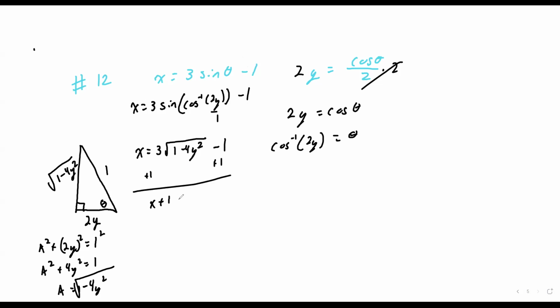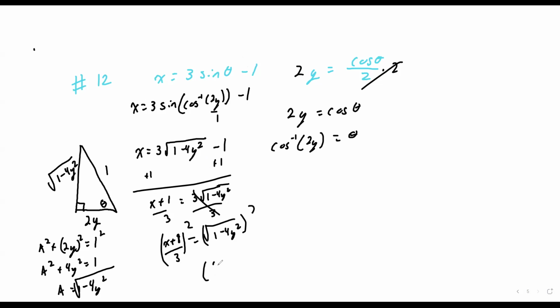So I get x plus 1 equals 3 square root of 1 minus 4y squared. Divided by 3, so I get x plus 1 divided by 3 equals square root of 1 minus 4y squared. And then I'm going to square both sides. So then I get x plus 1 over 3 squared equals 1 minus 4y squared.